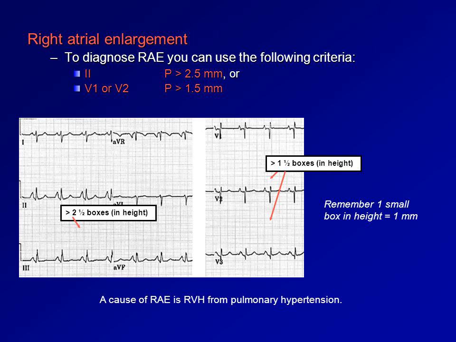Remember, one small box in height equals 1 mm. A cause of RAE is RVH from pulmonary hypertension.